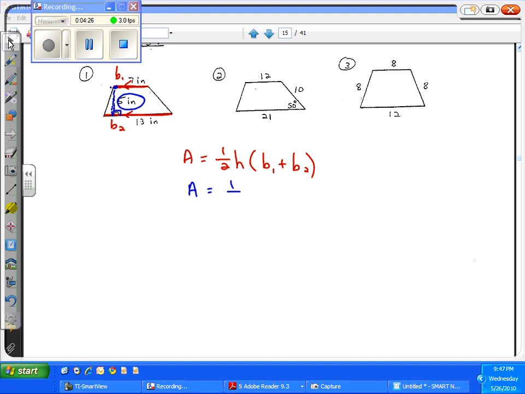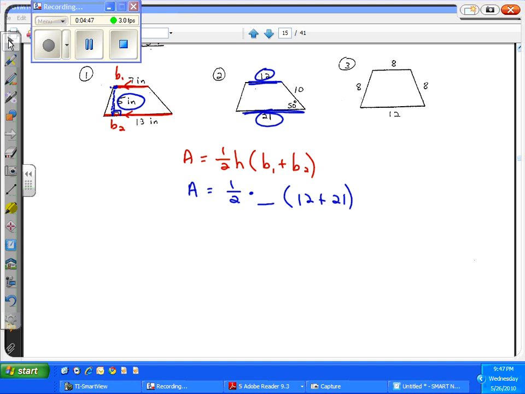And so we get area equal 1/2 times the height, which we don't know, times the sum of the bases. Upper base is 12. Lower base is 21. And we need to find the height.